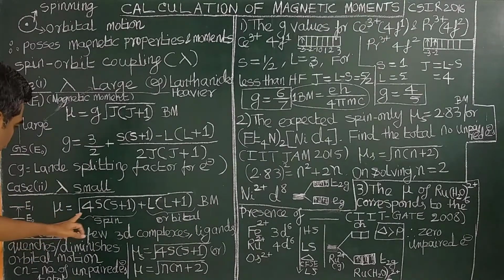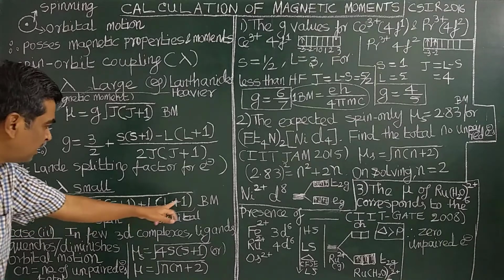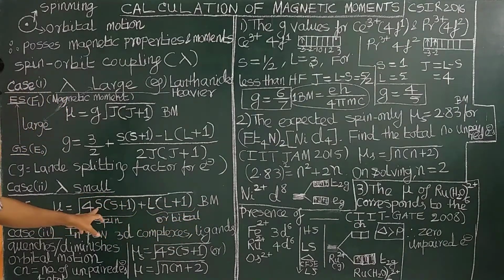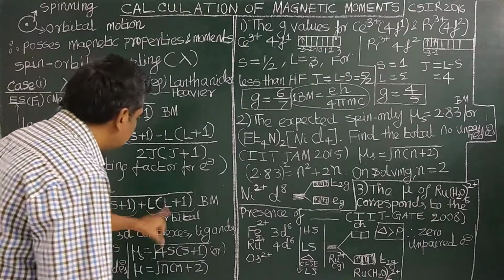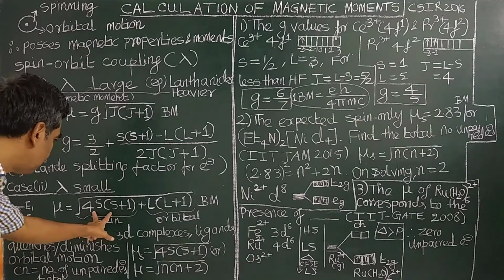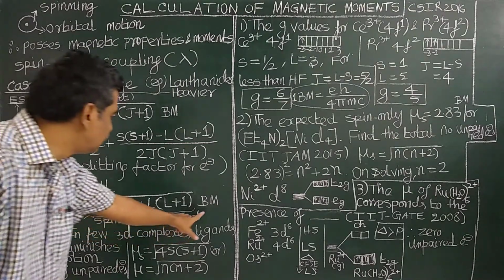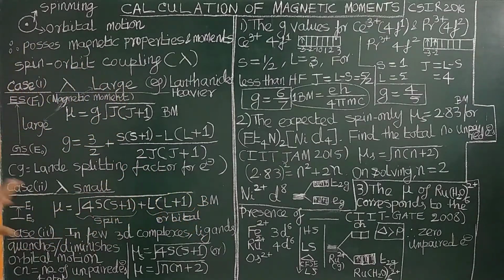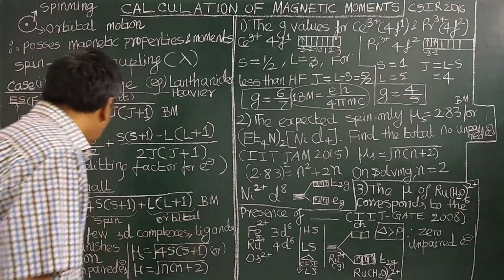So mu equals square root of 4s into s plus 1 plus l into l plus 1 Bohr magneton, where s is the resultant spin angular momentum quantum number and l is the resultant orbital angular momentum quantum number. We will see one example and solve your problem. This term is due to spin only magnetic moment, and this is due to orbital angular momentum magnetic moment, in terms of Bohr magneton.